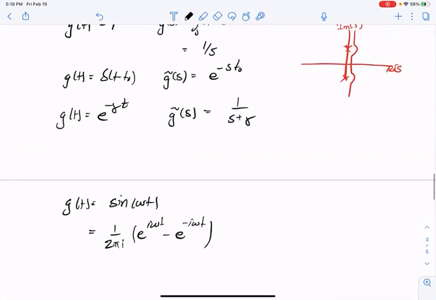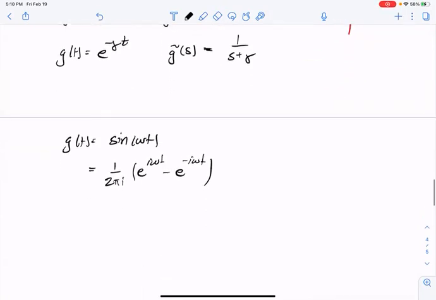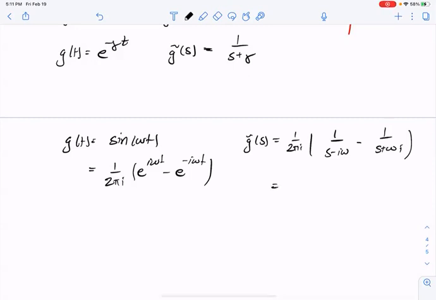And through this simple identity here, arrive at the Laplace transform of the sine function, which would be 1 over 2i, and now a sum of these fractions, 1 over s minus i omega minus 1 over s plus i omega.